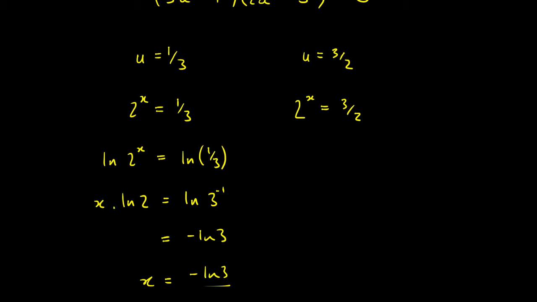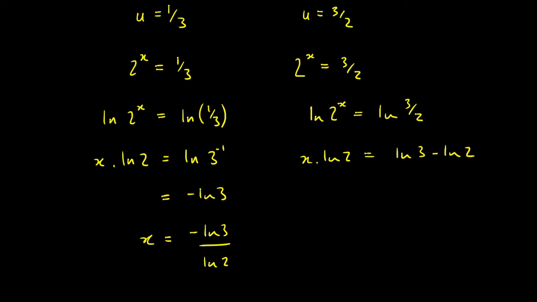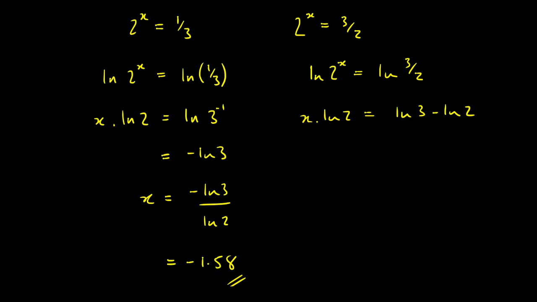So ln 2 to the power x is equal to ln 3 upon 2. So x times by ln 2 is equal to, well, I can split that guy up to be ln 3 minus ln 2. I mean, it doesn't really matter, actually. It'd be fine to just do ln 1.5, but I'll do it that way. And I'll divide through by ln 2.